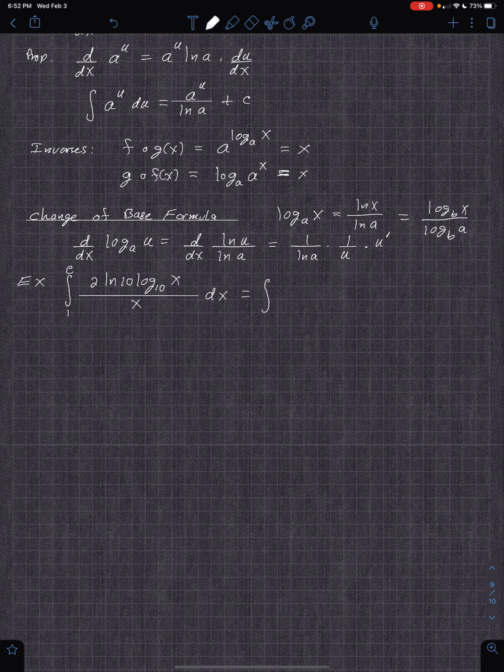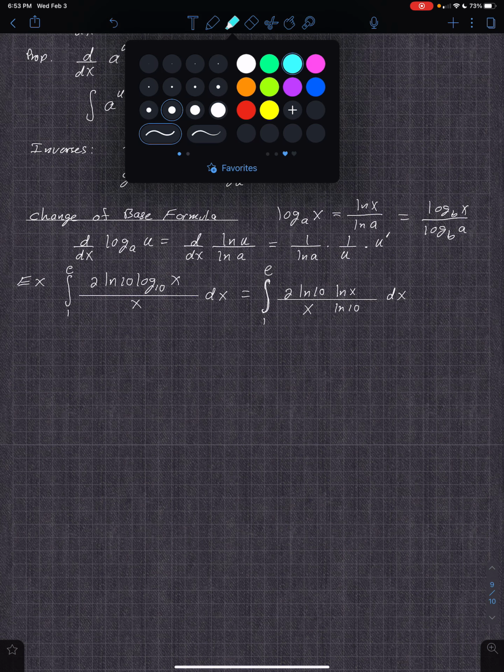You get the integral from 1 to e. So we're going to do the change of base on this to simplify this thing. So you get 2 ln 10 over x, and then that becomes ln x over ln 10 if you do change of base. So those are gone.